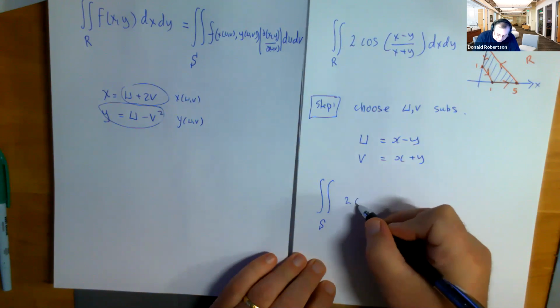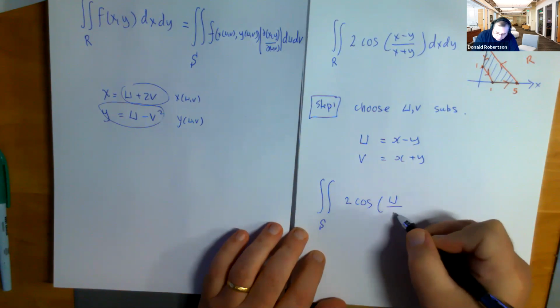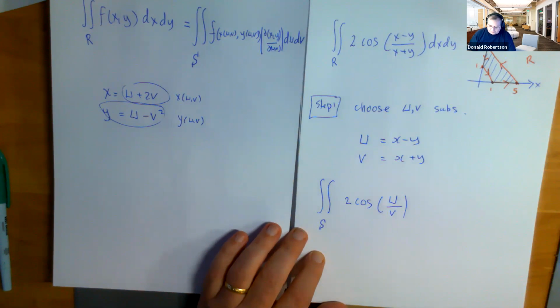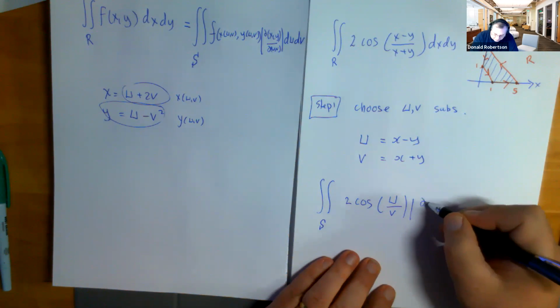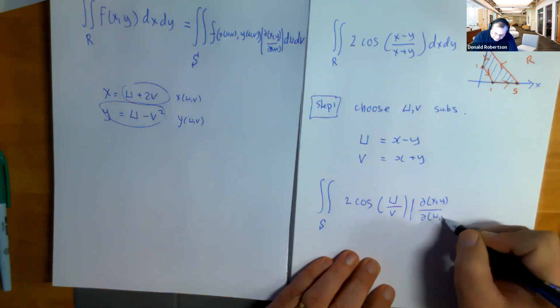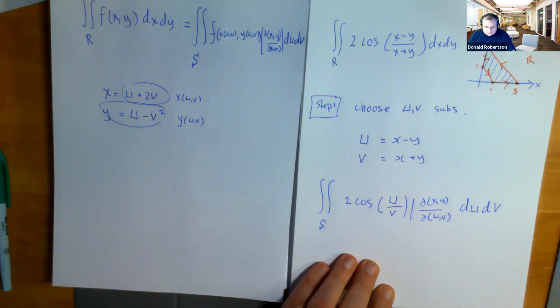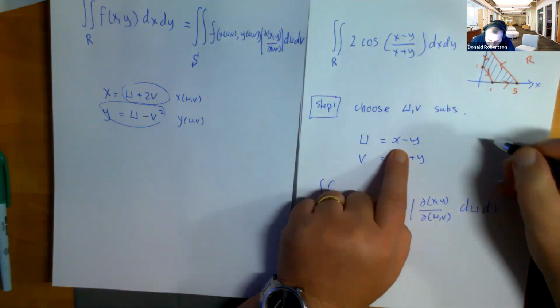It's going to become 2 cosine, U on the top, V on the bottom. You happy about that? Followed by the Jacobian, and then du dv. Okay, Jacobian of this question.